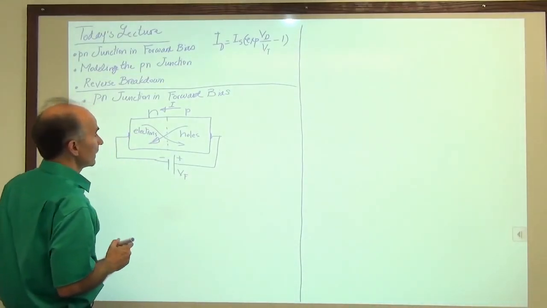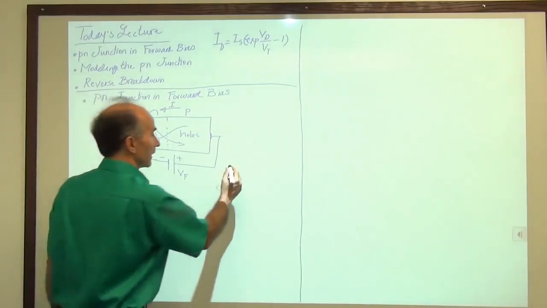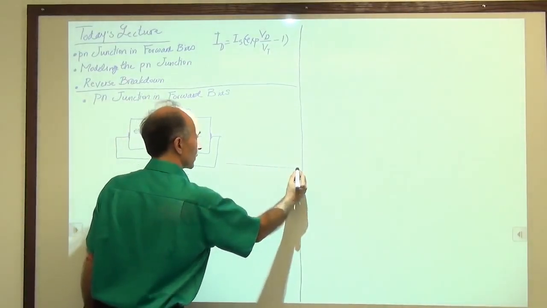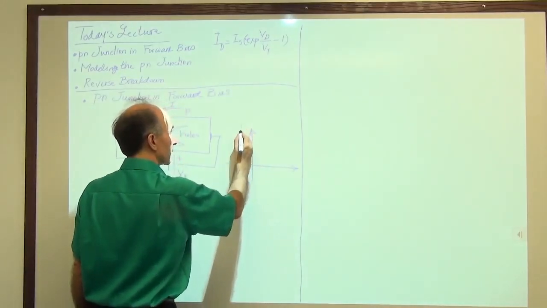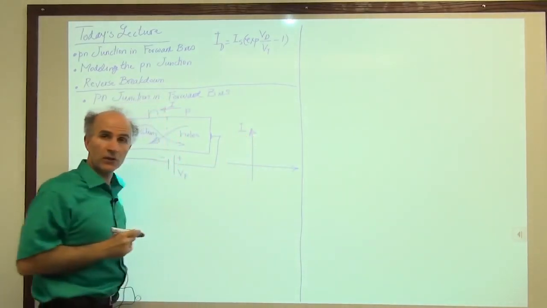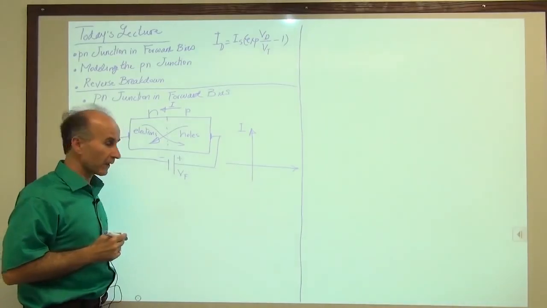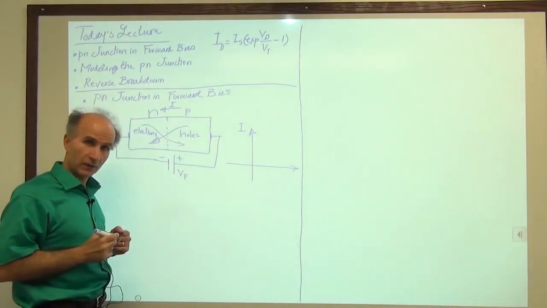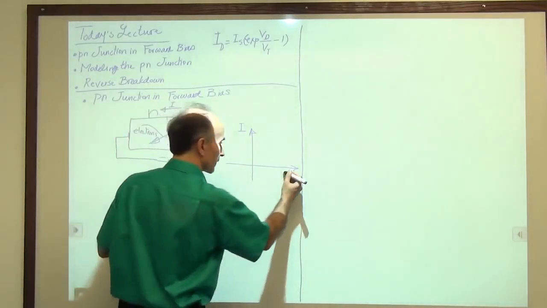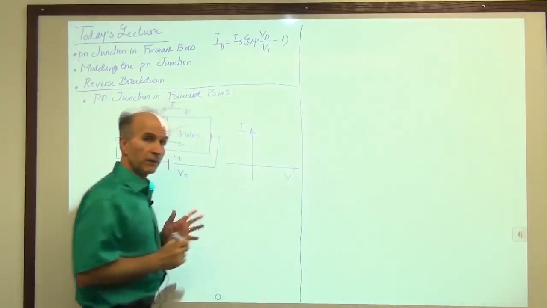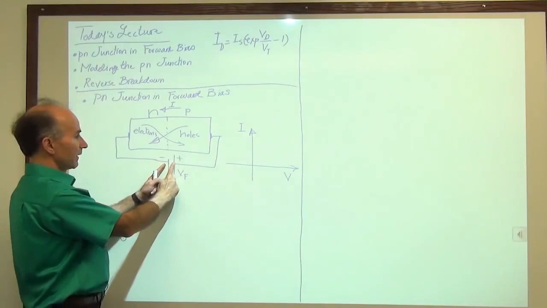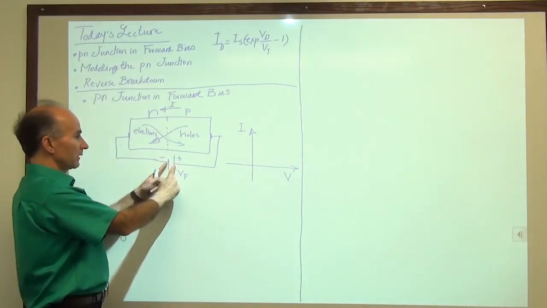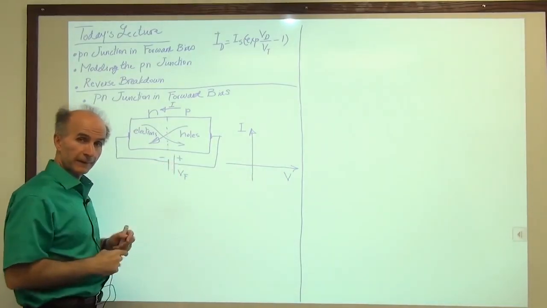Okay. All right. So again, if I try to summarize what we have learned so far, this is what we see. If we look at the current that flows through the junction as a function of the voltage across the junction, this is what we see. Let's call this V, just V for now. And let's assume that V has this type of polarity, positive here, negative here, a voltage source.